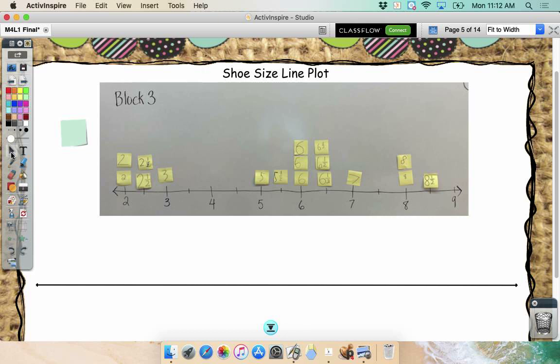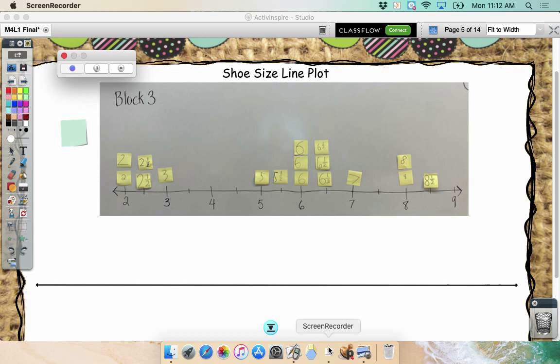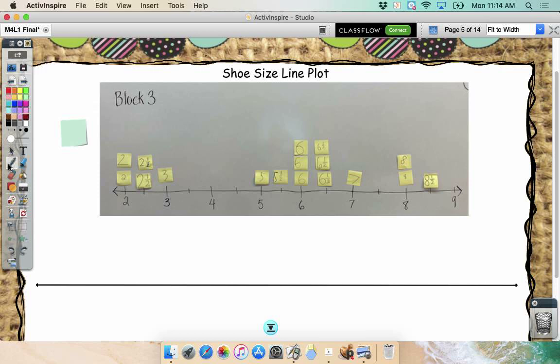So the first thing we need to decide on this line plot is what is the smallest whole number we need to write on our line? 2. A 2. And you need a ruler, don't you? Okay, so the smallest whole number I need on this line plot is what? 2. And what did we decide the largest was? 9.